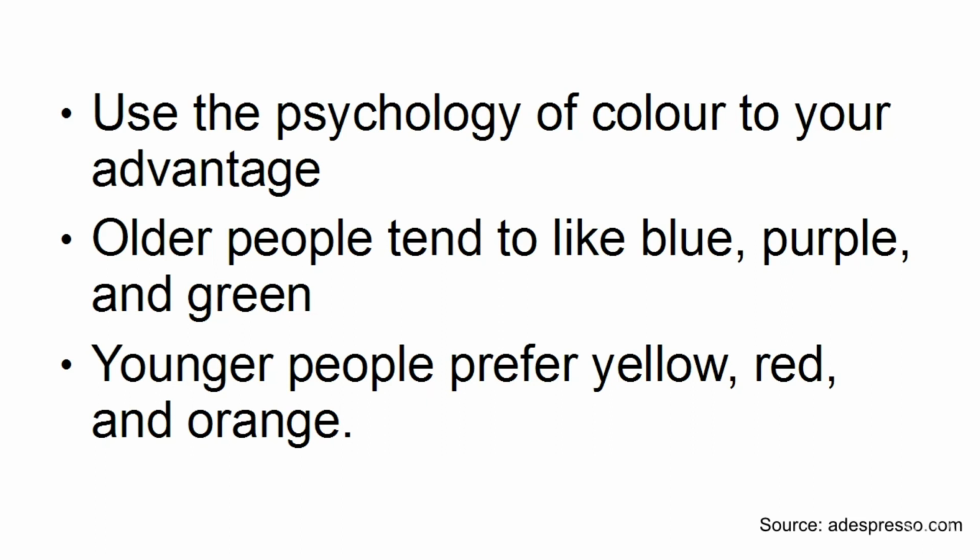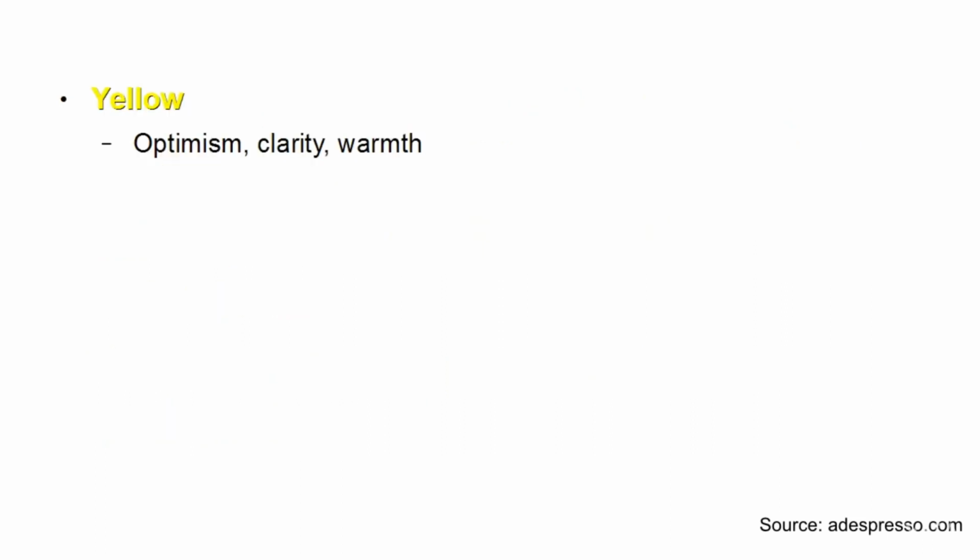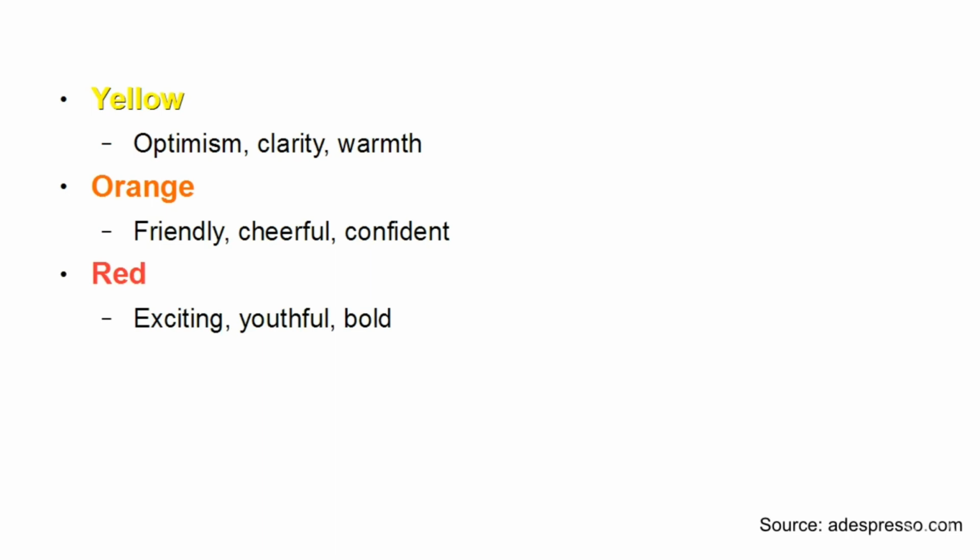For example, yellow tends to convey optimism, clarity and warmth. Orange is considered friendly, cheerful and confident. Red is exciting, youthful and bold. People associate purple with things that are imaginative and creative.